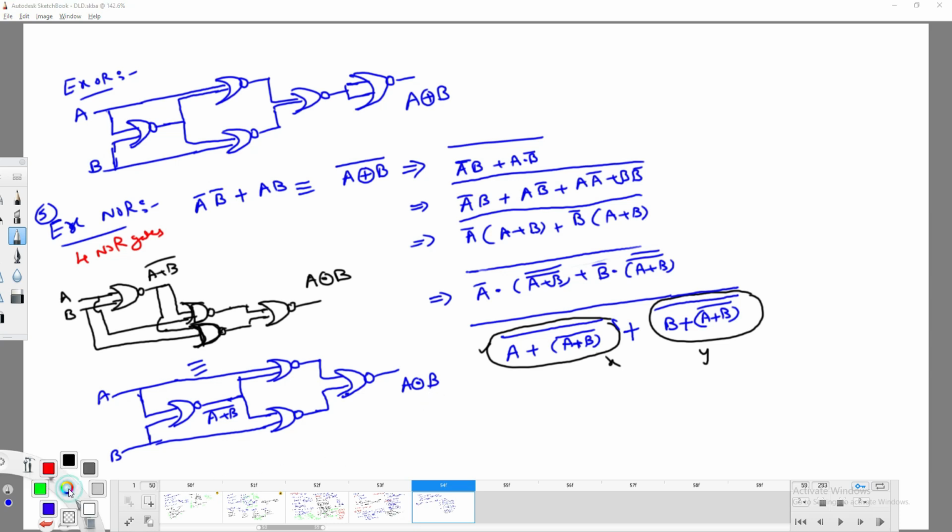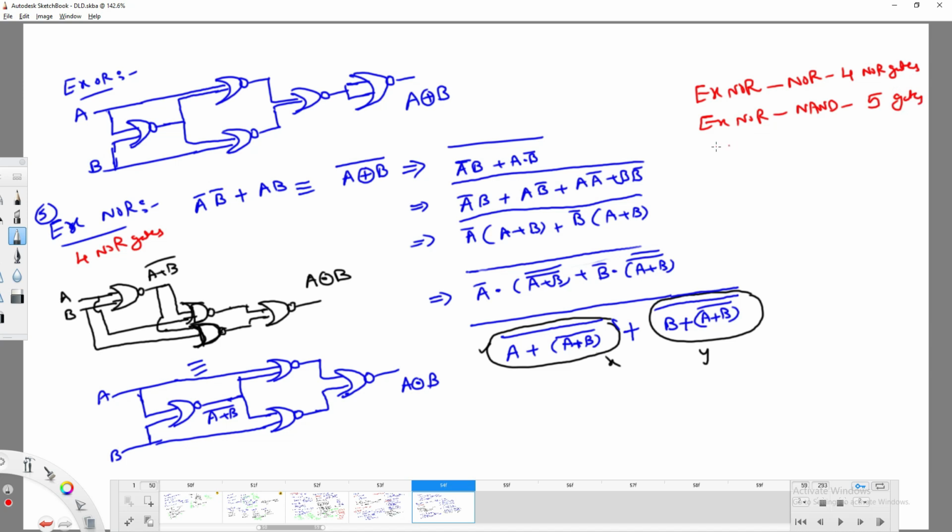So if you would like to construct an XNOR gate using NOR gates, you require 4 NOR gates. If you would like to construct the same XNOR with NAND, how many gates are required? 5 gates are required.